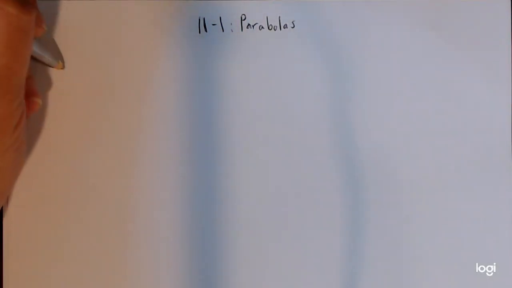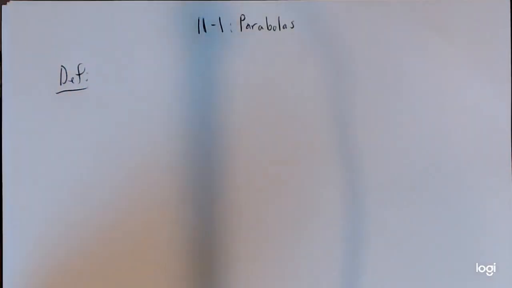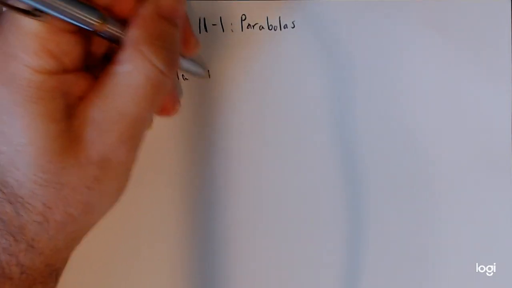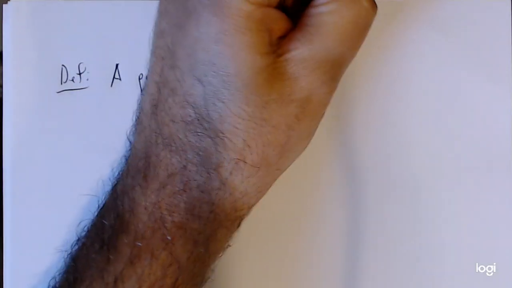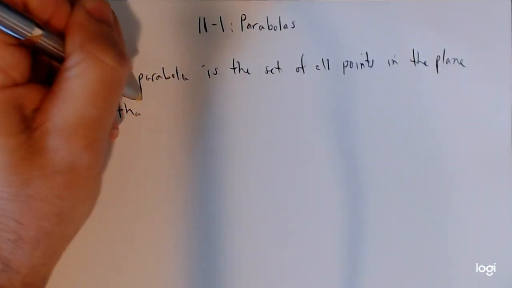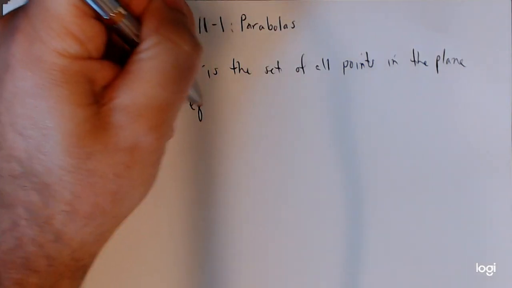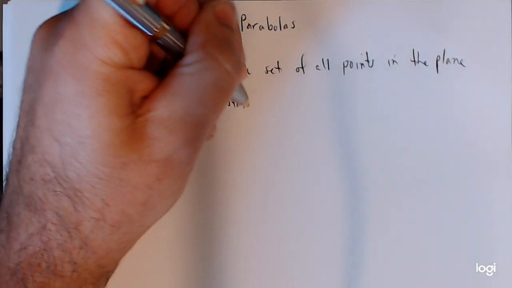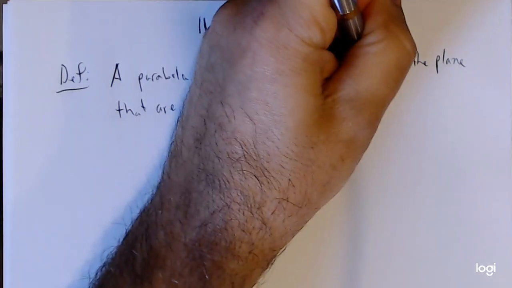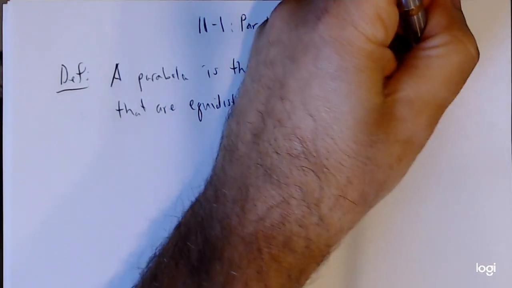Okay, so let's start off just by doing what I said. We're going to define what a parabola is. So by definition, a parabola is the set of all points in the plane that are equidistant from a fixed point F, and this fixed point that we're calling F, that's called the focus.